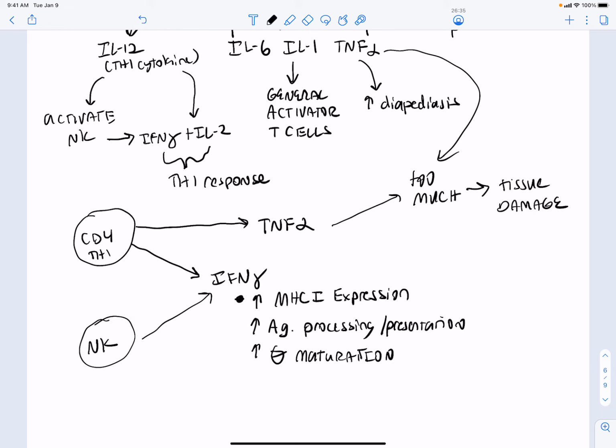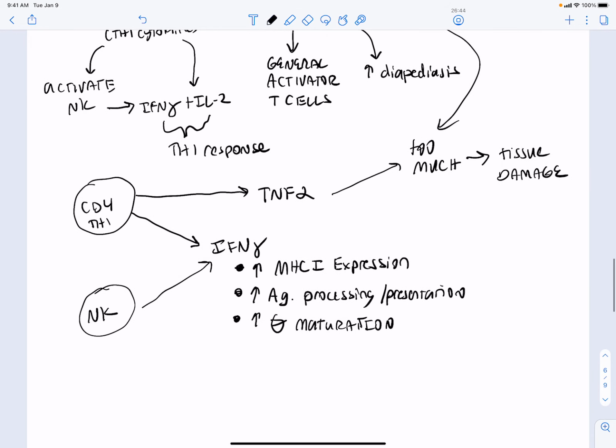They're not always in tune with an infection. They're there also for homeostasis. So they oftentimes need help in order to get activated properly. It's going to increase NK activity. It's going to decrease Th2 cells. And it's going to increase antiviral effects.